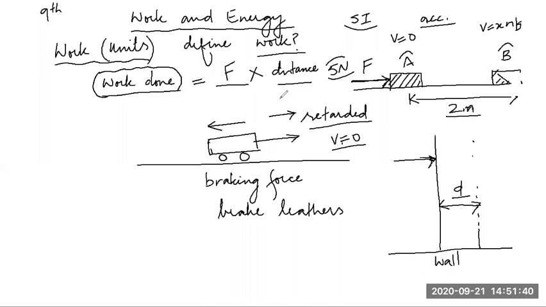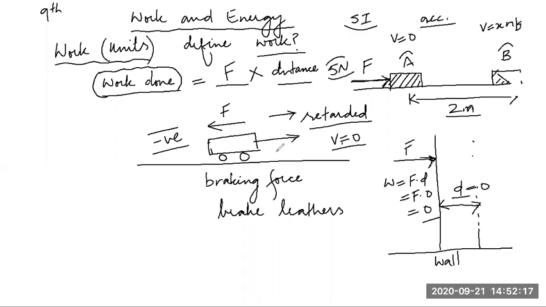Now, having understood this, we can very well answer: there is force here, but d is equal to 0. That is the reason work, which is equal to F into d, is 0. Force is there, but d is not there. We say work is 0. Here, the work done is negative. Why? Because the direction of applied force is opposite to the motion of the car.